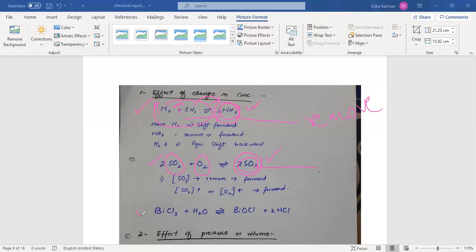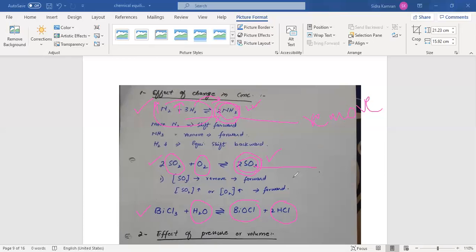To increase the concentration of product, you have to increase the concentrations of the reactants.